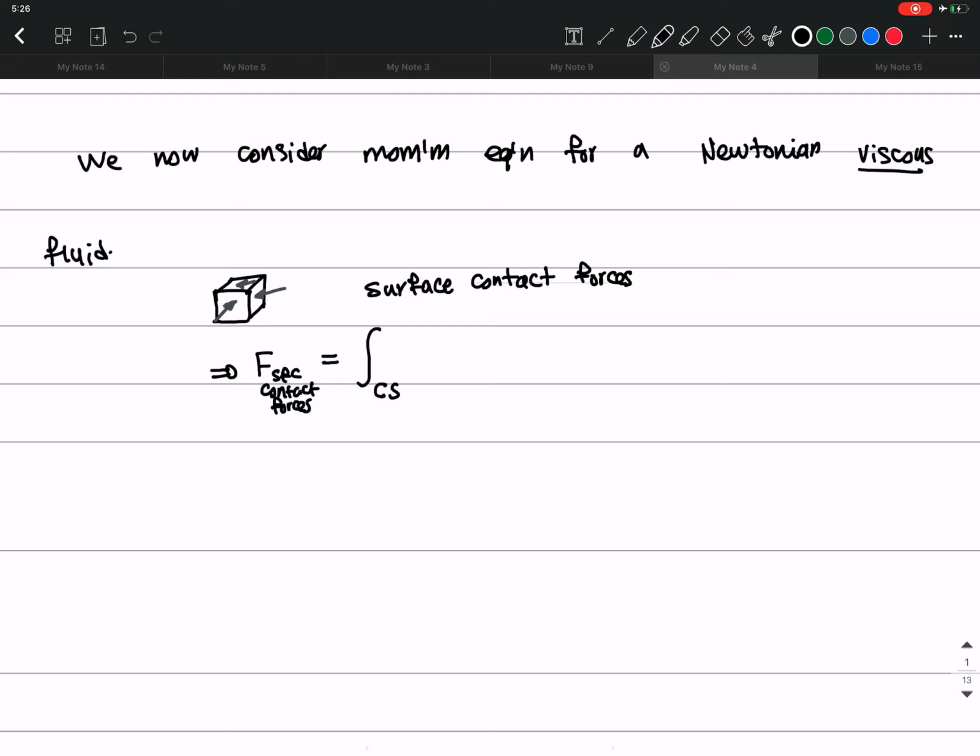Say you have any arbitrary control volume, and you take this integral over the control surface to get all the surface contact forces acting on that control volume or fluid particle. Those forces I showed with T bar.